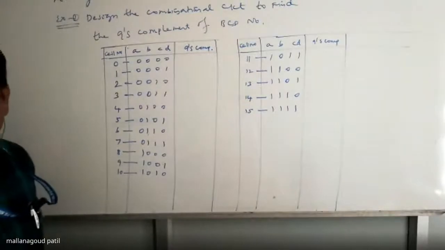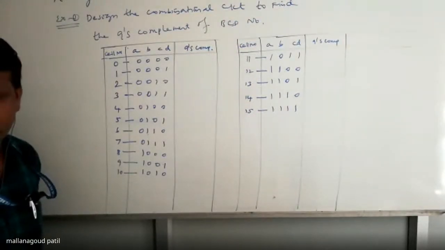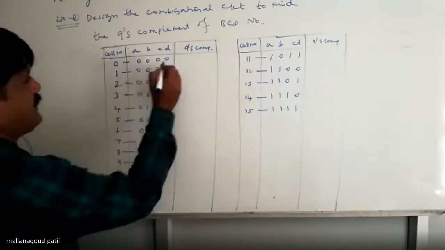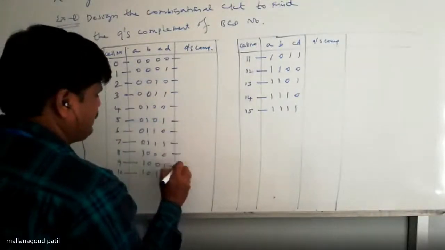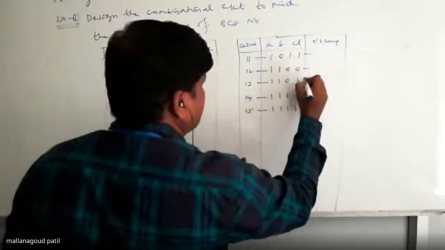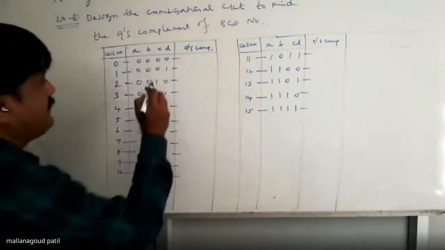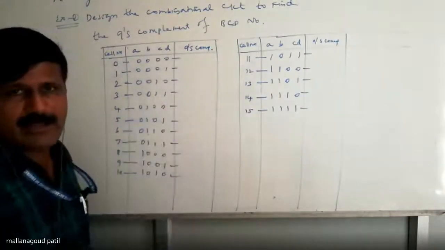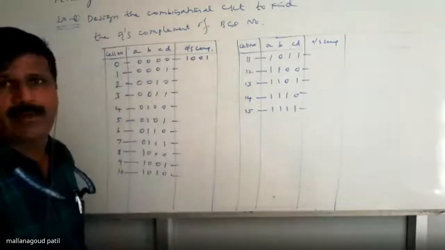Now I am asking you, tell me about the 9th complement equivalent values. See here, what is the 9th complement of 0? It is 9, 1001, I can write in coded fashion.